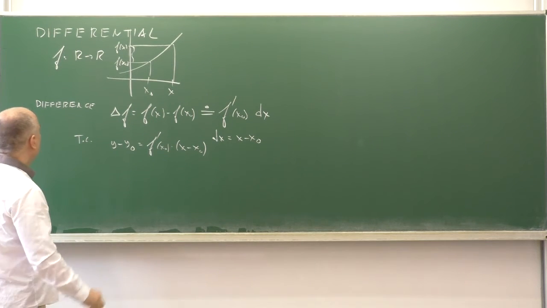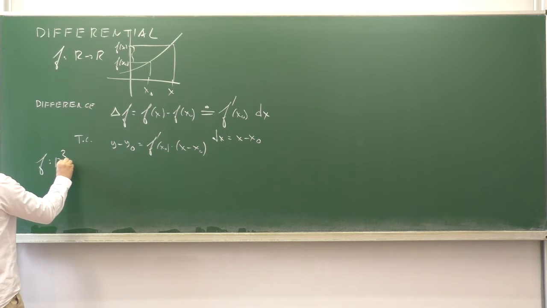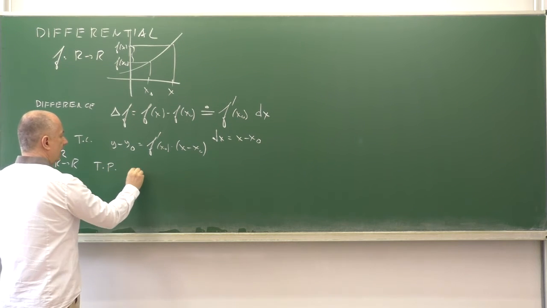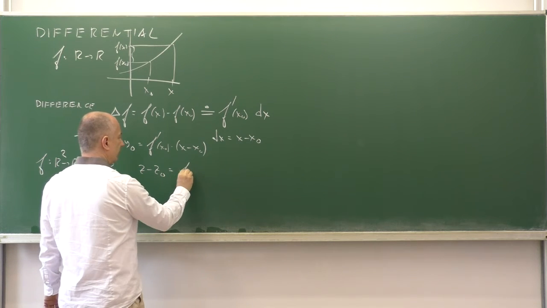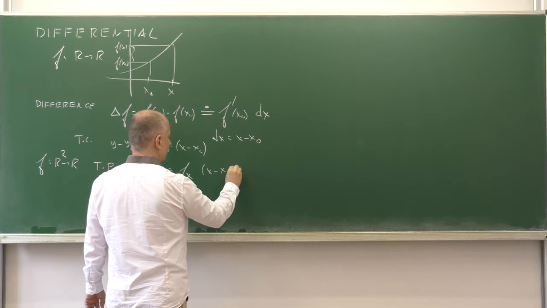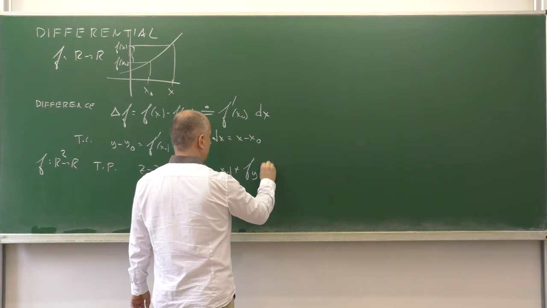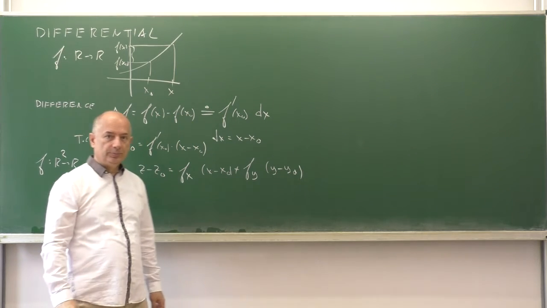Well, and similarly, as for the function of two variables, we have the tangent plane, namely z minus z0 is the derivative of f with respect to x times x minus x0 plus the derivative of f with respect to y times y minus y0.